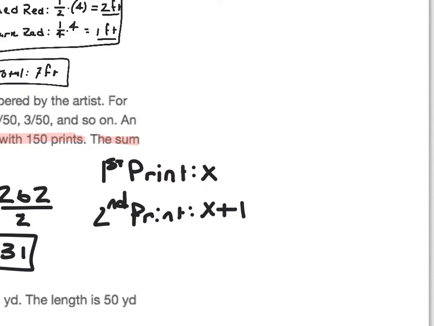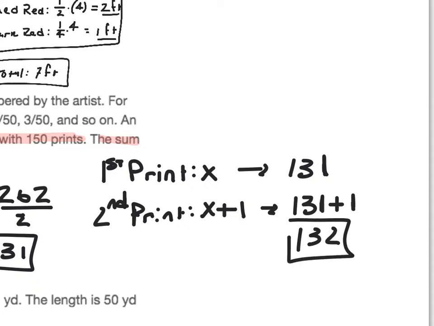So if the value of x is 131, that means that my first print is going to be print number 131. My second print means that I need to take 131 and add it to 1, so this print number here is going to be 132.